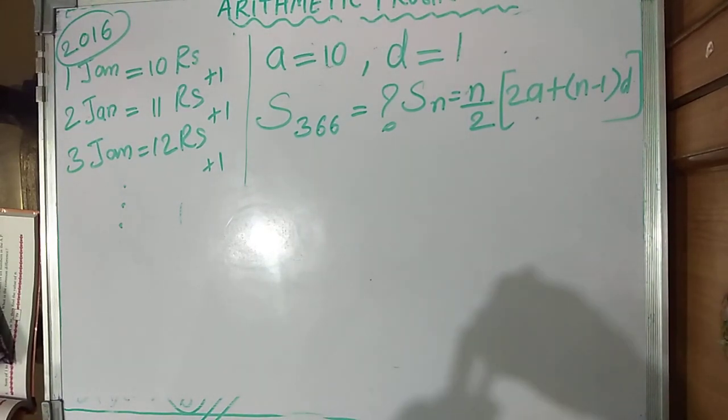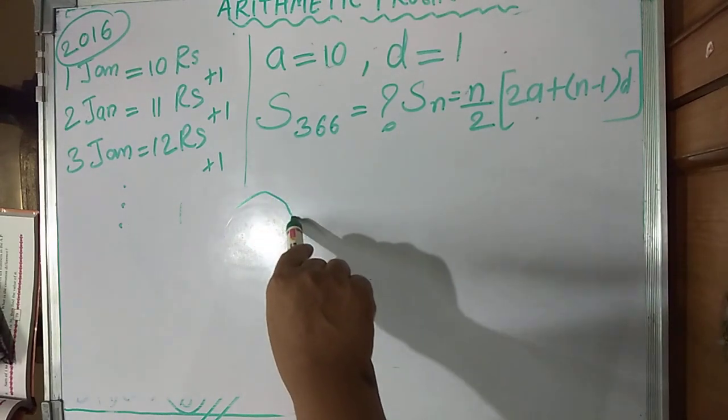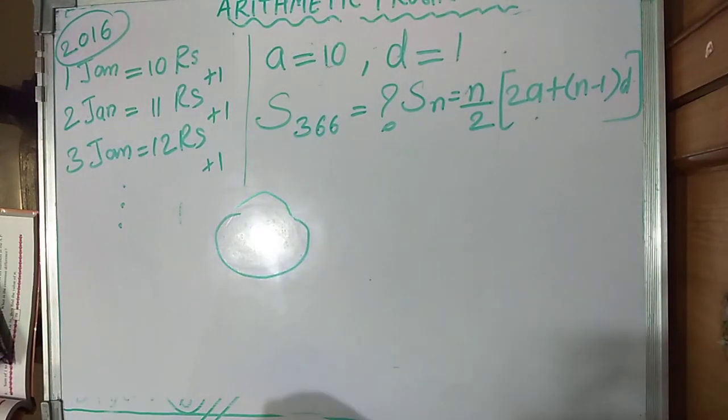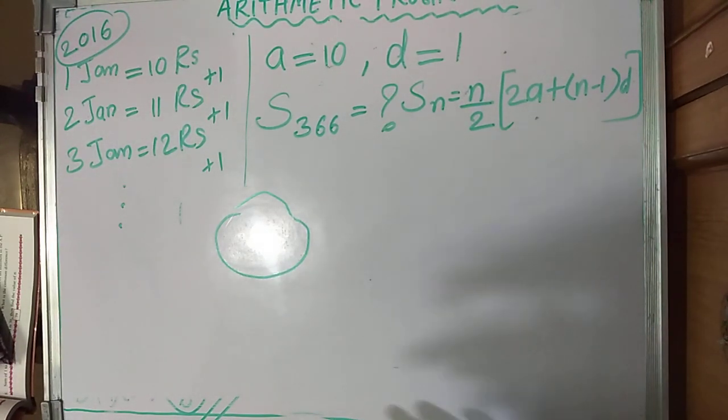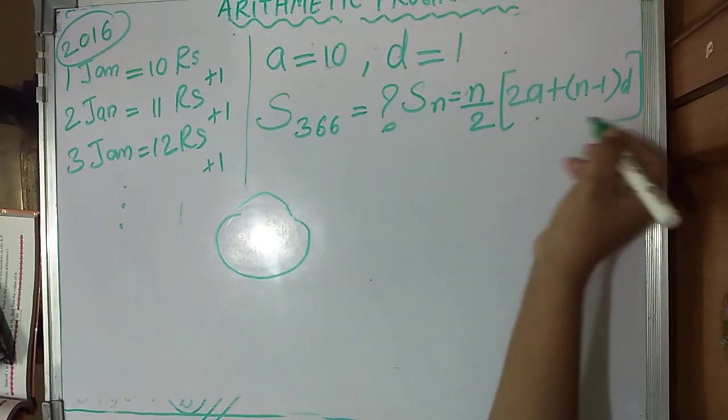The n value will be 366, a value will be 10 and d value will be 1.